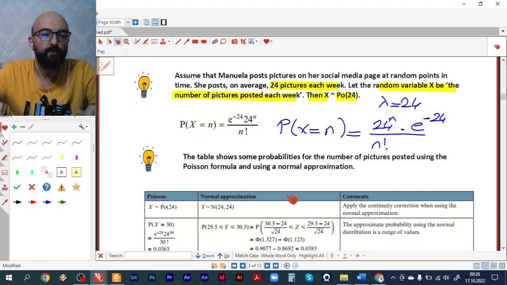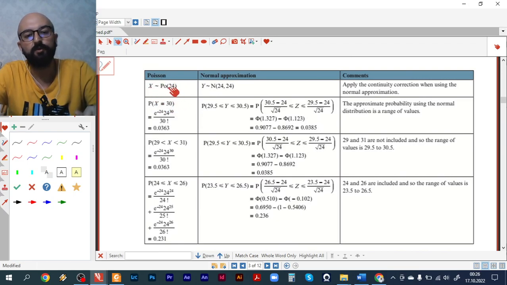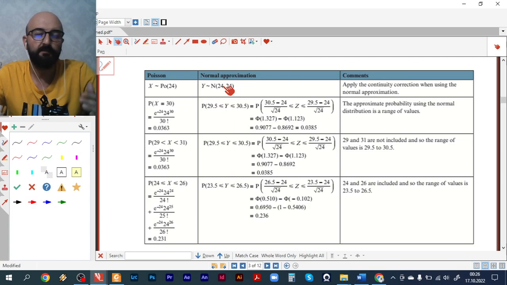If you want to use the Poisson formula or the normal approximation, there aren't many differences.